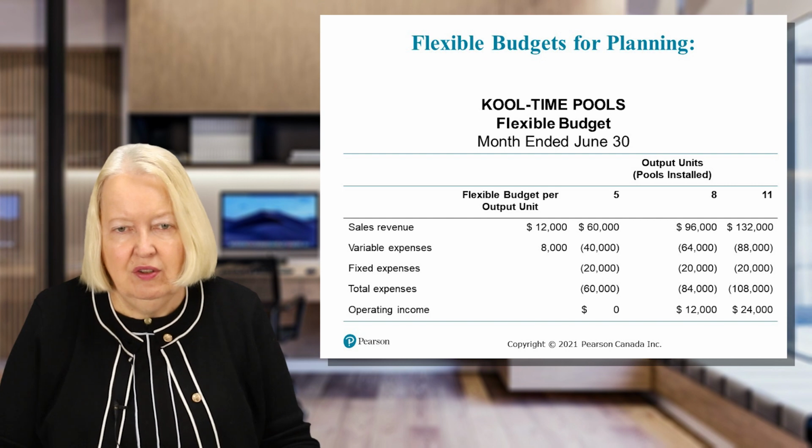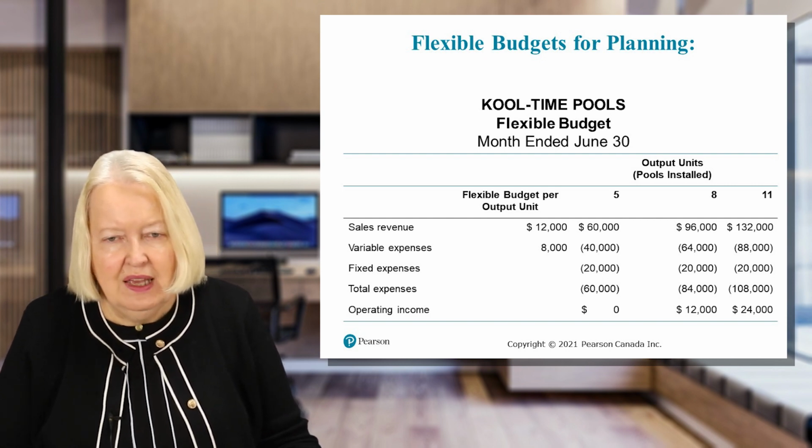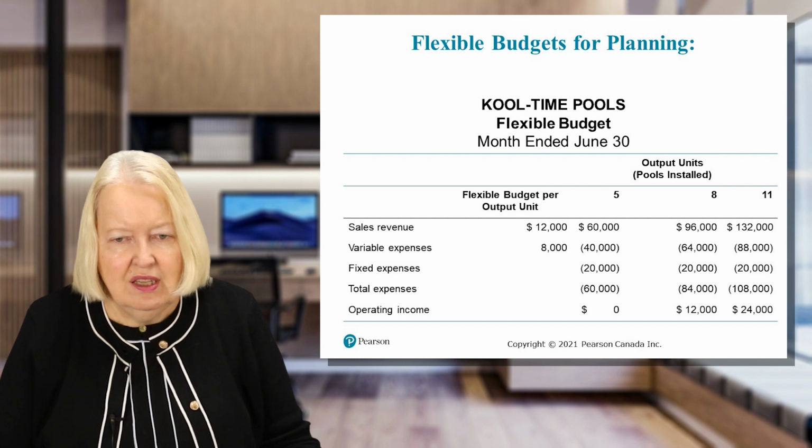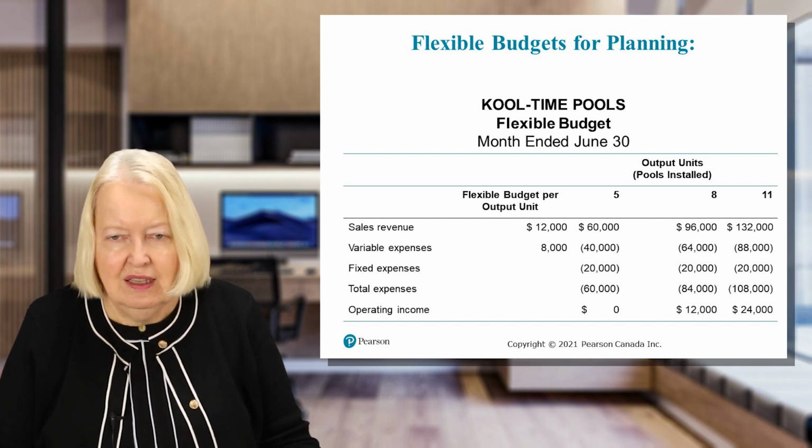So when you're doing your flexible budget, here you see that the company has calculated what its income would be if it sold only 5 pools, 8 pools, or 11 pools. Once you know your cost per unit, you can easily do various calculations.